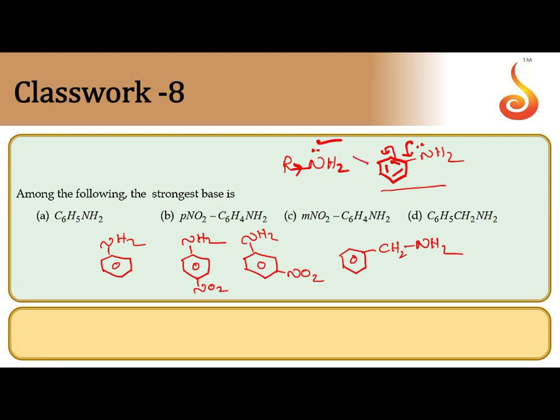So aliphatic amines are more basic than aromatic amines. That's why among all these, the last one, option D only, is an aliphatic amine. 1-phenylmethanamine is its name. So answer is D.